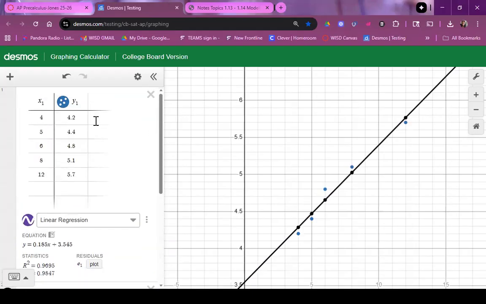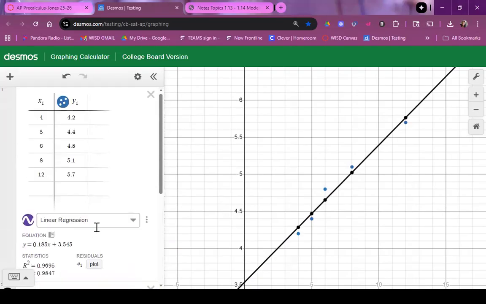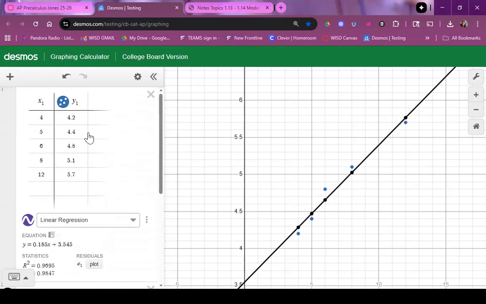So these are my actual, and these are my predicted. Does that make sense? So these are the actual, the ones that were given to me. And these are the predicted because they're the ones that I use from my regression model. Are y'all with me? Okay.